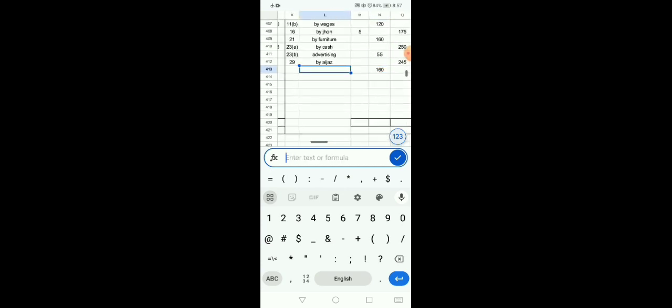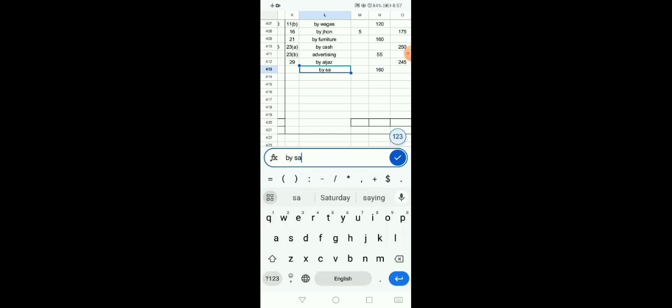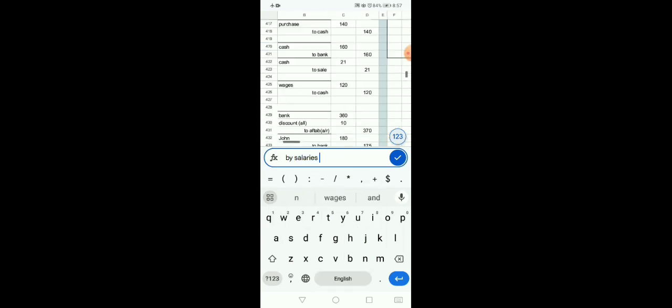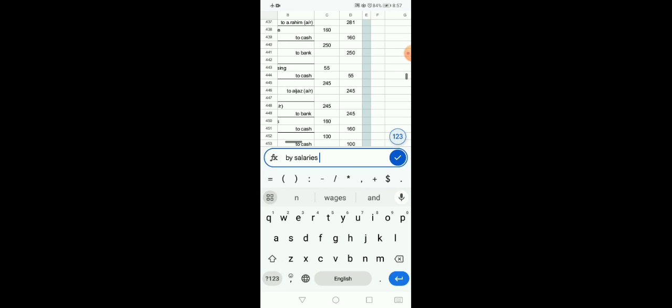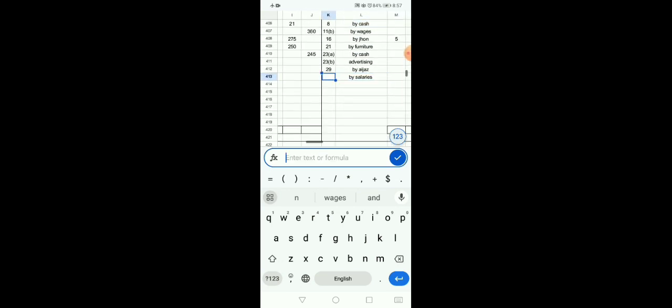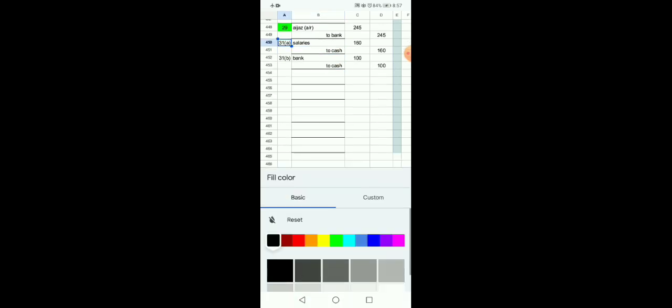So write down "by salaries" in the particulars column. Now see its date, 31A. Put 31A over here in the date column. 31A was having only one element to be posted. We have posted it, it means 31A is completed. Mark it as done.